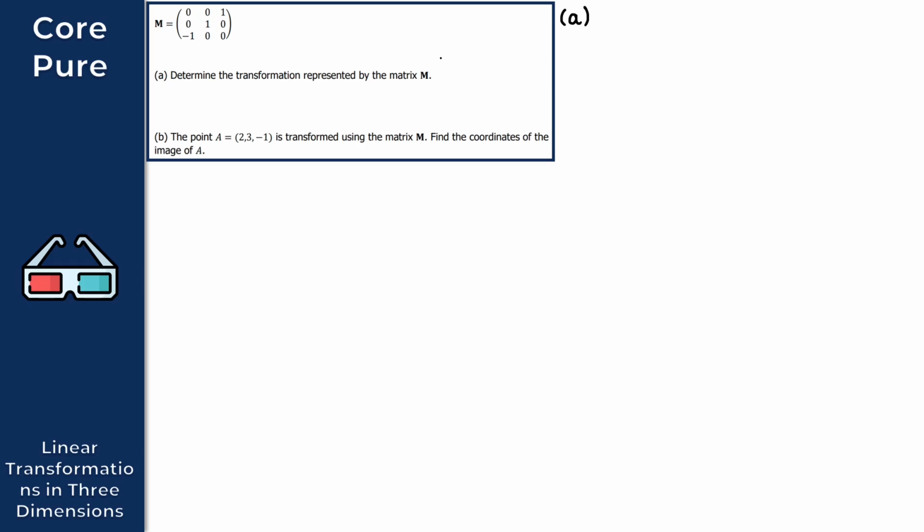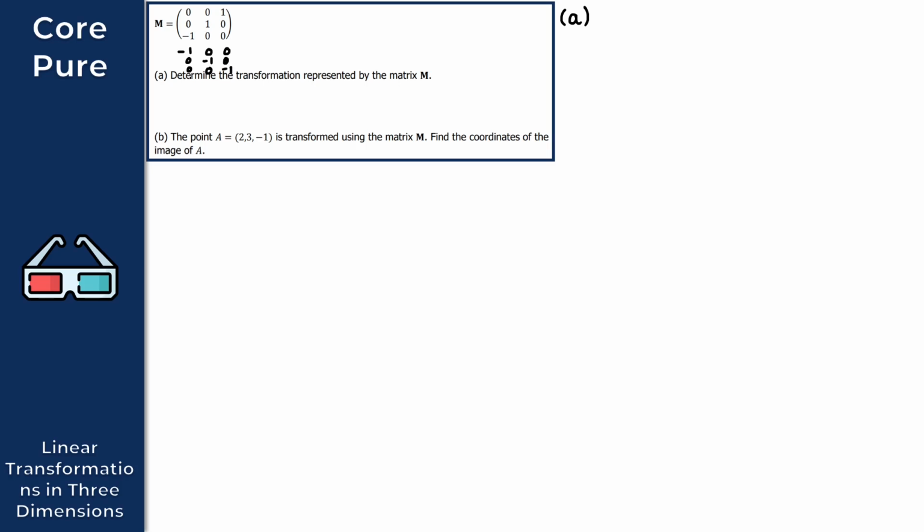Well, the first thing to consider here is whether the matrix M represents a reflection or a rotation about the coordinate axes. And I can look at this matrix M here and straight away I can rule out a reflection, because if this was a reflection, what we get here is either -1, 0, 0 along the first column, or 0, -1, 0 along the second column, or finally for the third column, we get 0, 0, -1.